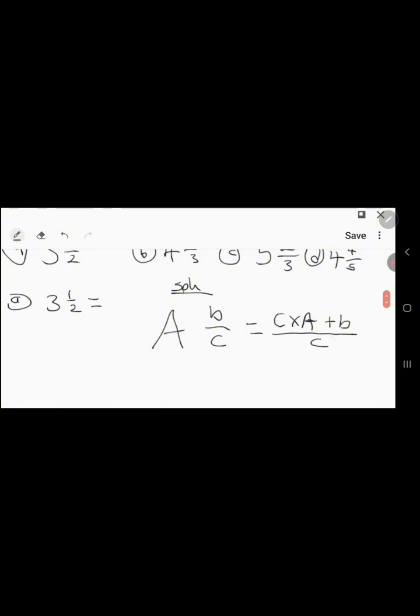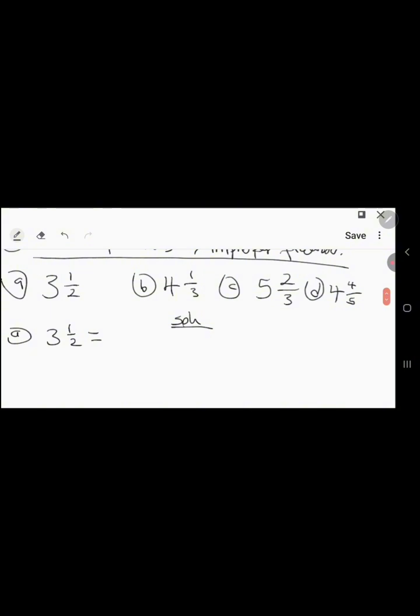Generally, you take the denominator of that proper fraction, multiply by the whole number, plus the numerator, like that.